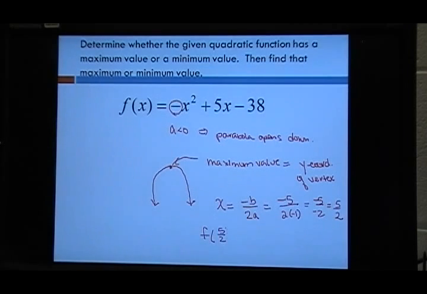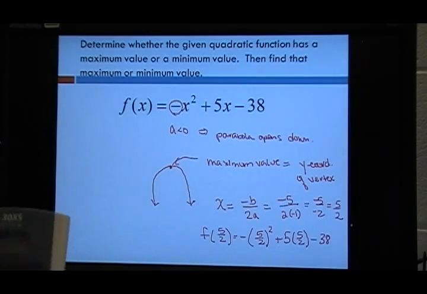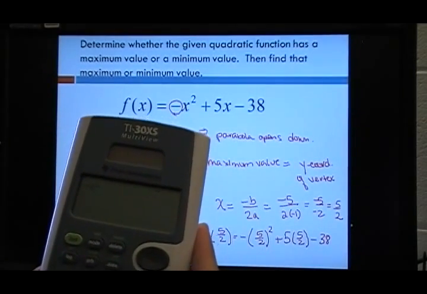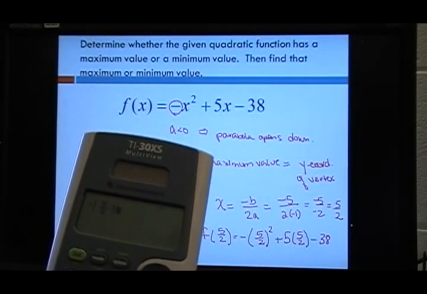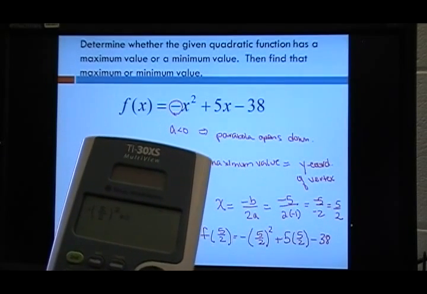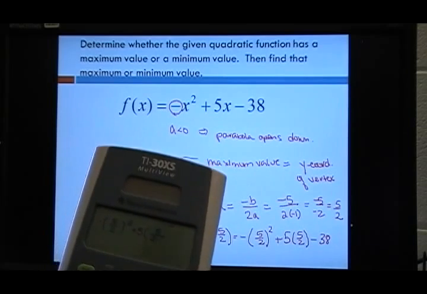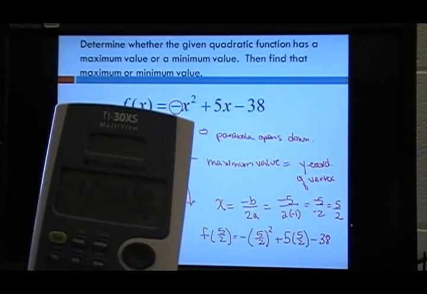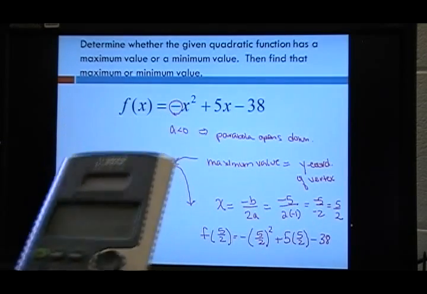So our f of 5/2, we have the opposite of 5/2 squared plus 5 times 5/2 minus 38. Again, if you input that into your calculator, so we have the opposite of 5 over 2 squared plus 5 times 5 over 2 minus 38, we get -127 over 4.